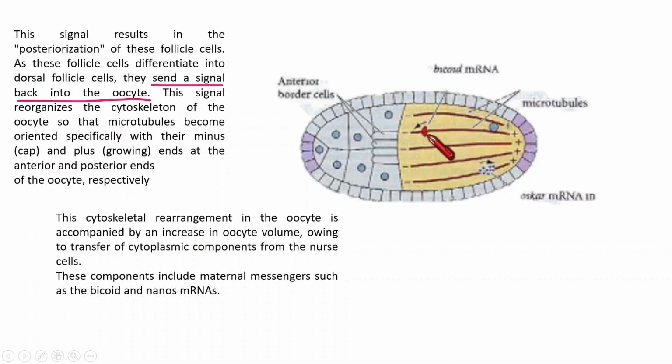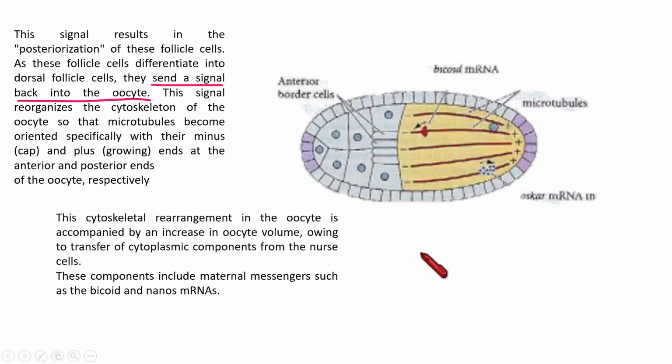So, as these cytoskeletal elements are arranged like bridges, the cytoplasmic components from the nurse cells can easily be transported to the oocyte precursor.